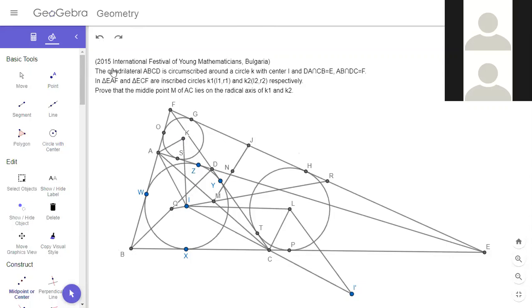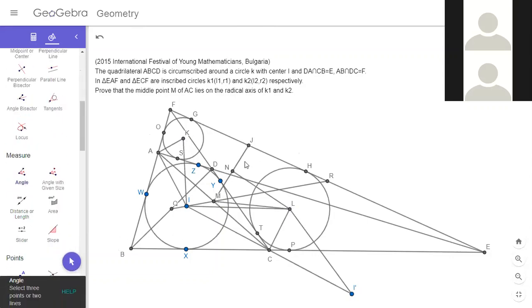LMN. I don't think so, because then I think KMN would have to also be similar. But let's see. No, it's not.